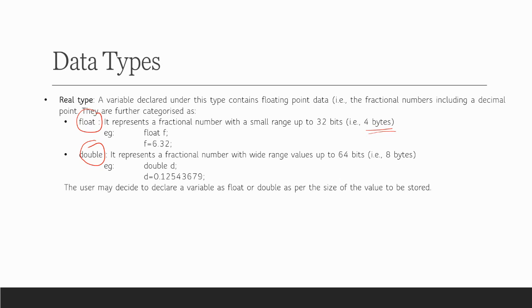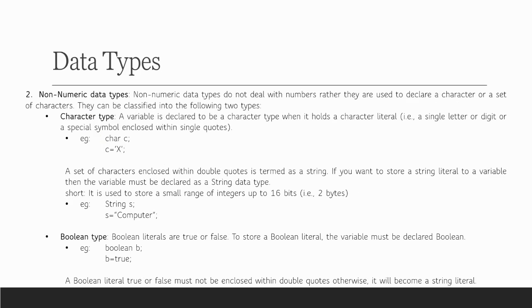Float can store up to 4 bytes of data, while double can store up to 8 bytes of data, which means that float can store numbers up to 7 significant digits, while double can store numbers with up to 15 significant digits.